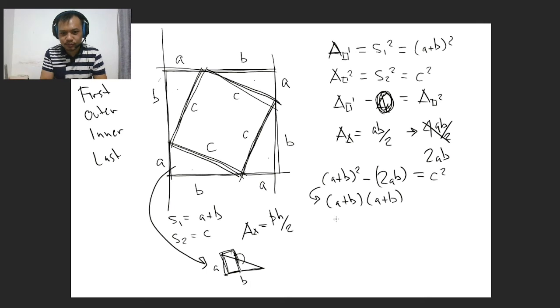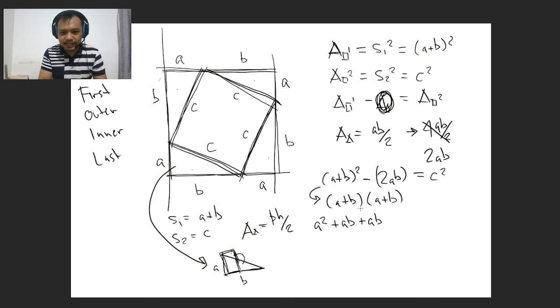So we have to do the first, which is a squared, because we have a and a. Then we do the outer, ab. We add those because positive a times positive b is going to be a positive number. Then we do the inner, b and a, which is also ba, or ab.